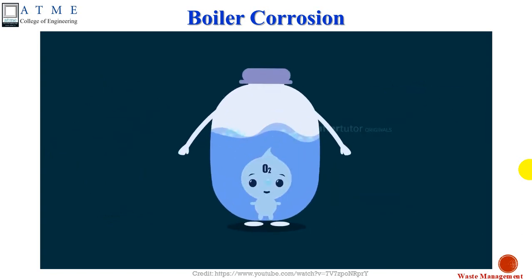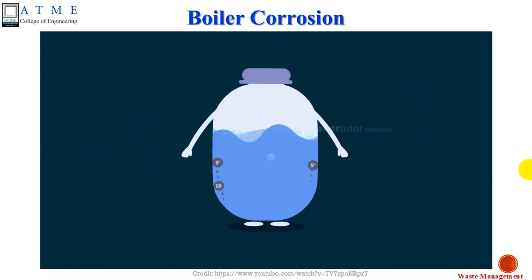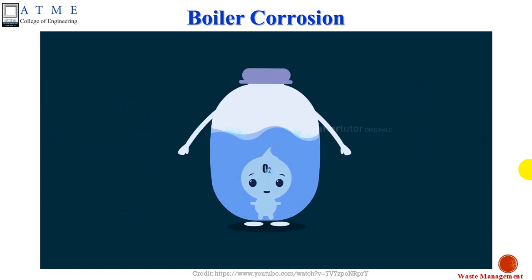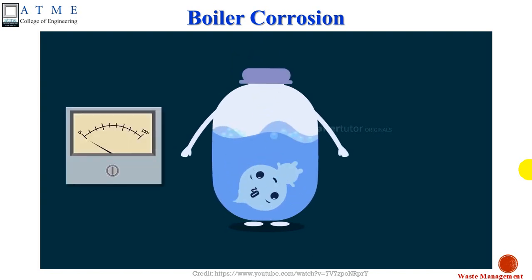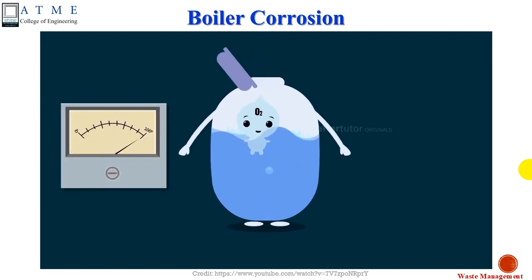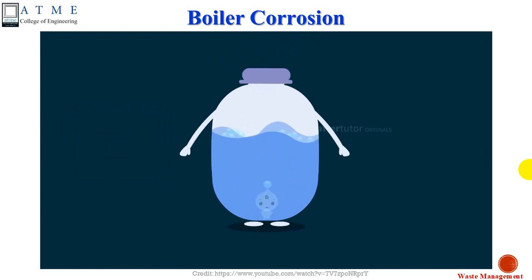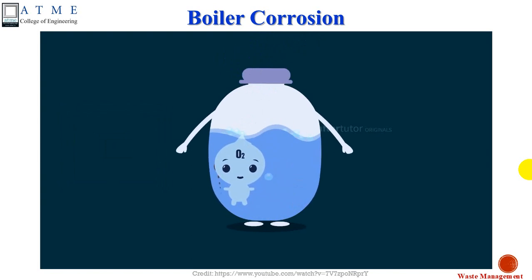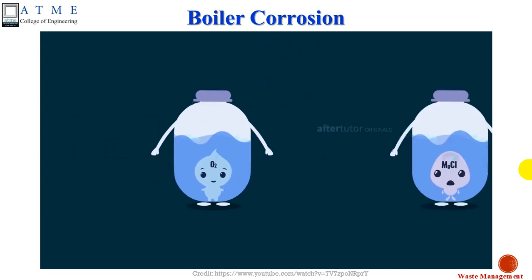Dissolved oxygen. We know that corrosion is a natural process which converts the metal to its oxides, sulfides, or hydroxides. So, it's clear that oxygen plays an important role in corrosion. When water is fed to the boiler, it contains dissolved oxygen, which is then heated to evolve free oxygen. The evolved free oxygen corrodes the boiler material.